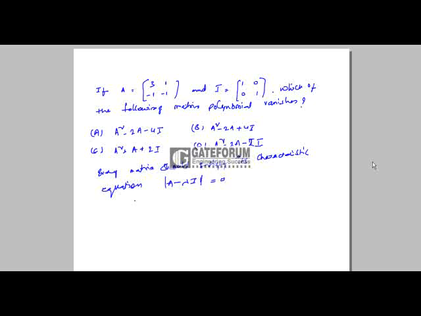So here A minus lambda I is 3 minus lambda, 1, minus 1, and minus 1 minus lambda. This is A minus lambda I. Determinant of this should be equal to 0. So if we simplify this, we'll be getting 1 plus lambda into lambda minus 3 plus 1 is equal to 0.